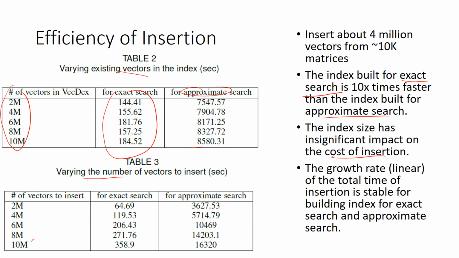As we can see, if we increase the number of vectors by 5 times, then the insertion time of the exact search is also increased by 5 times, almost linearly. And similarly for the approximate search.